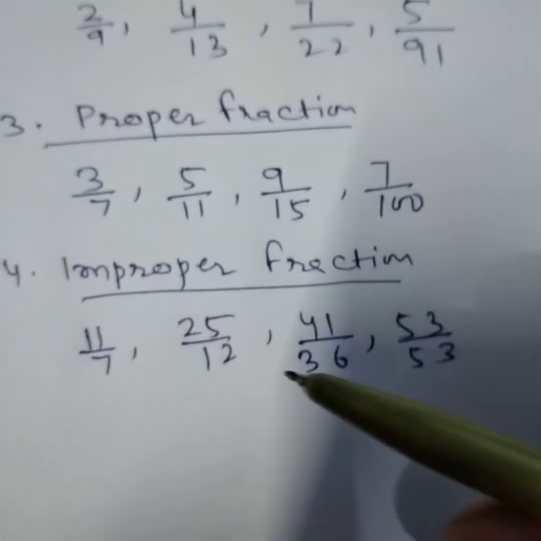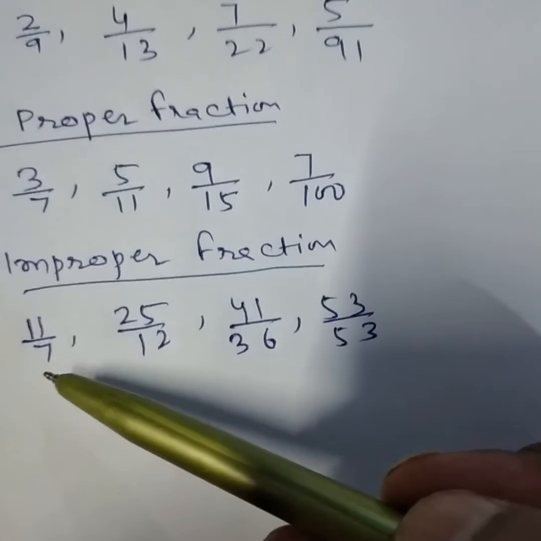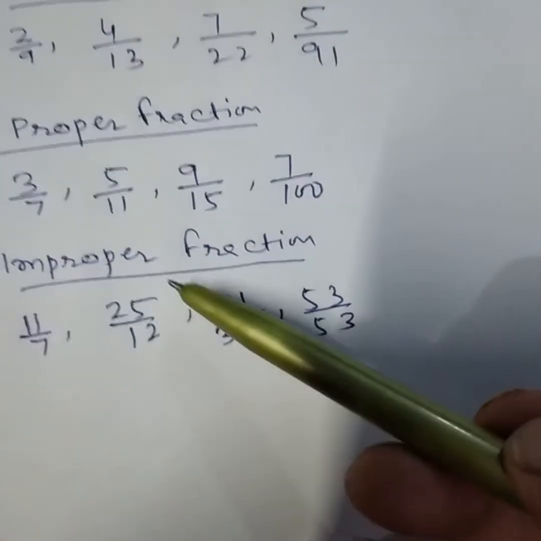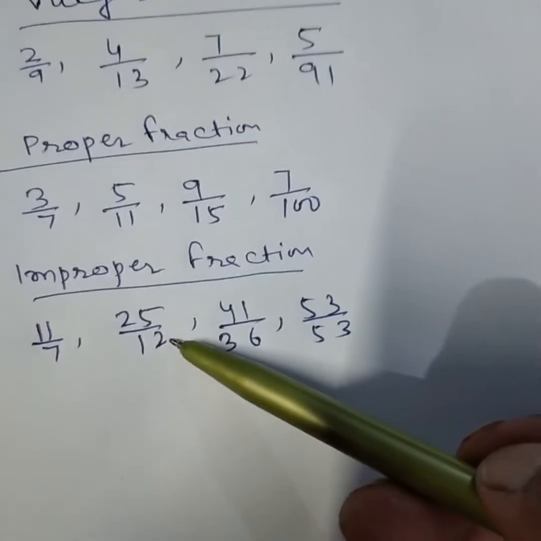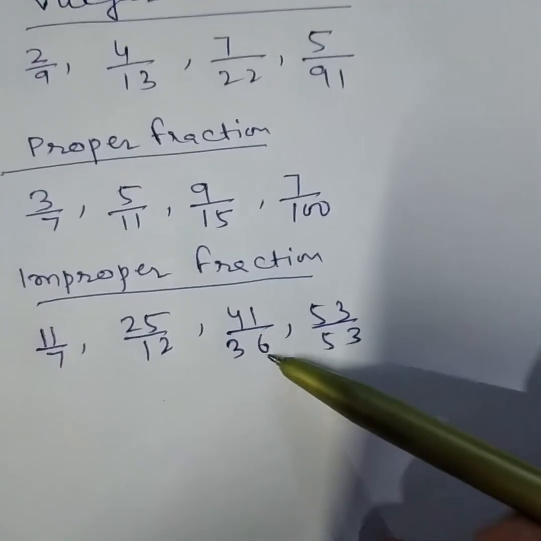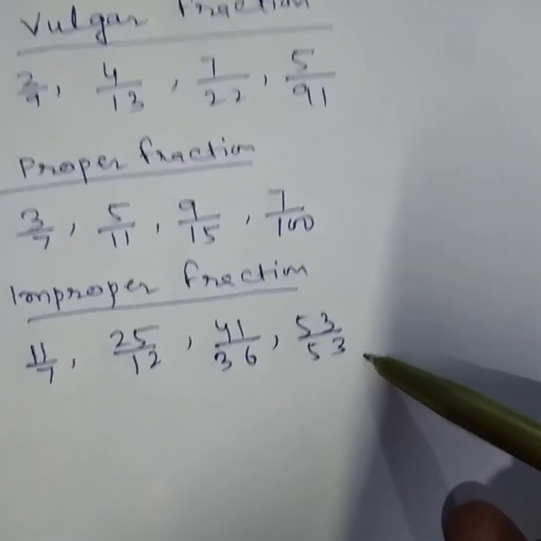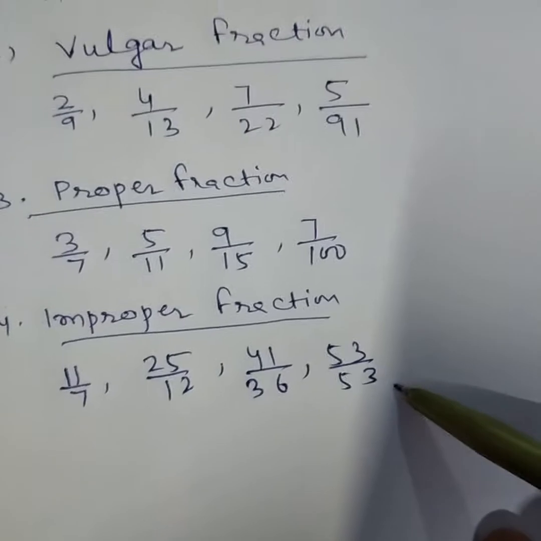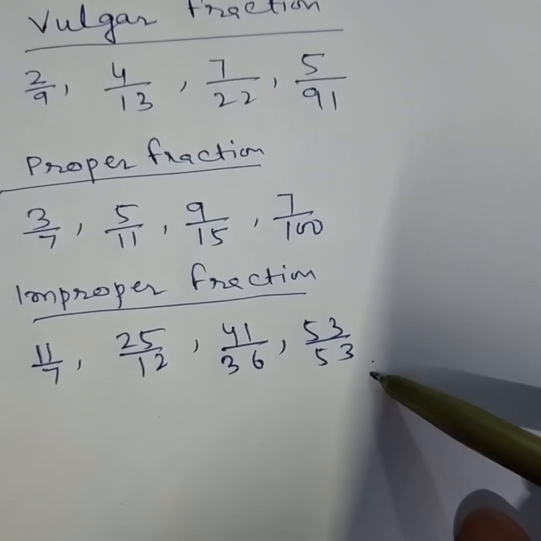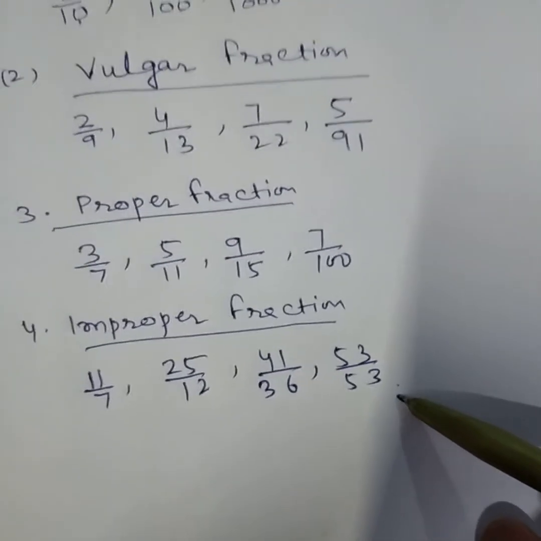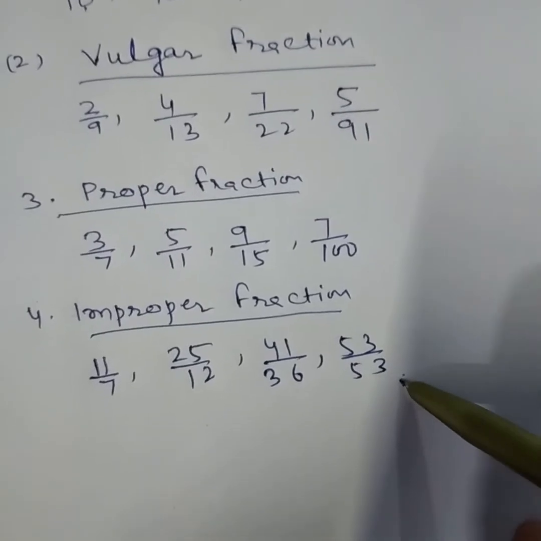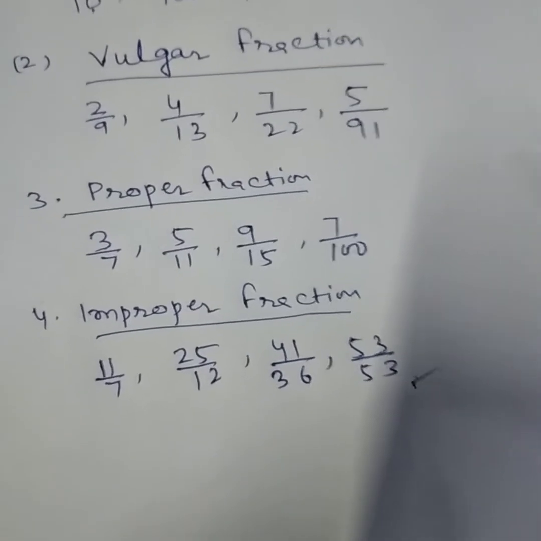Children, observe here, 11 is greater than 7, 25 and 12, 41 and 36. But here 53 upon 53 is also an improper fraction because the numerator and denominator are both equal.